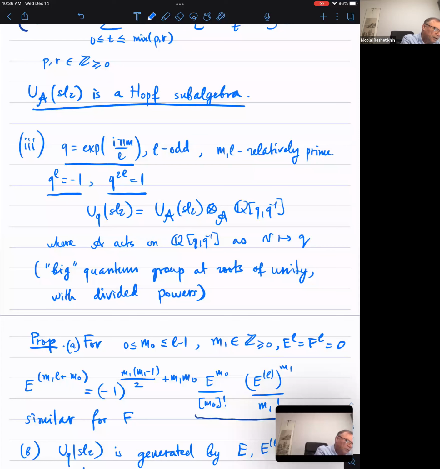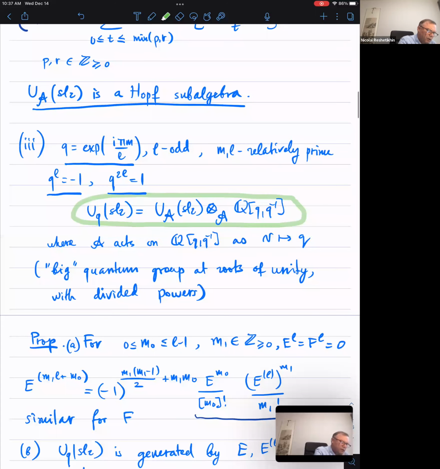So then we define the algebra U_q sl2, the algebra at roots of unity with divided powers, as this tensor product. So we take our algebra with divided powers with formal variable v, and then we take the tensor product over A with this field.